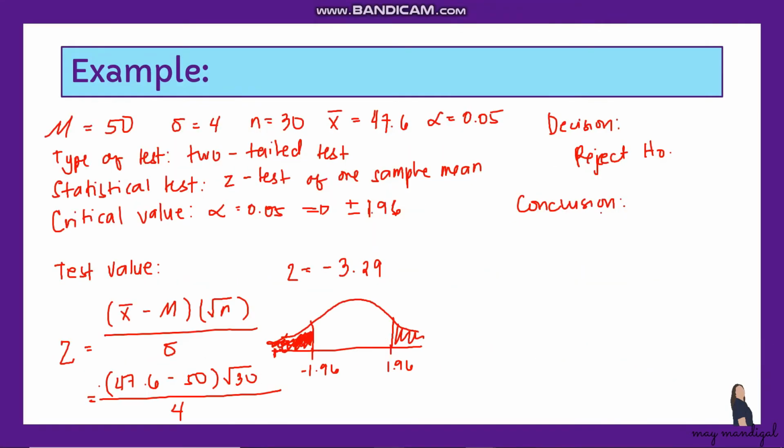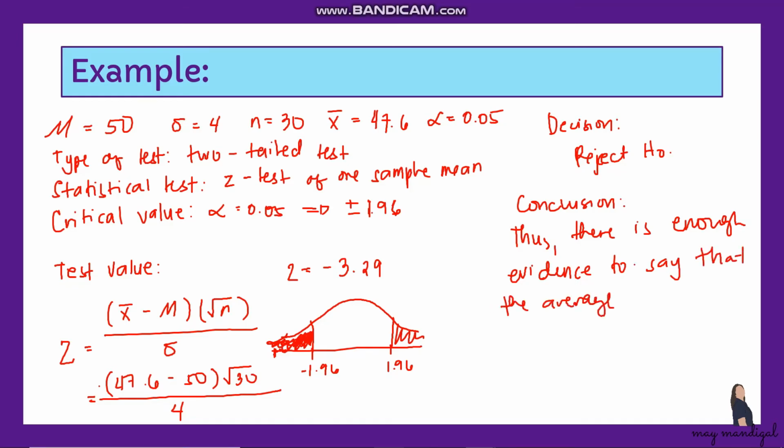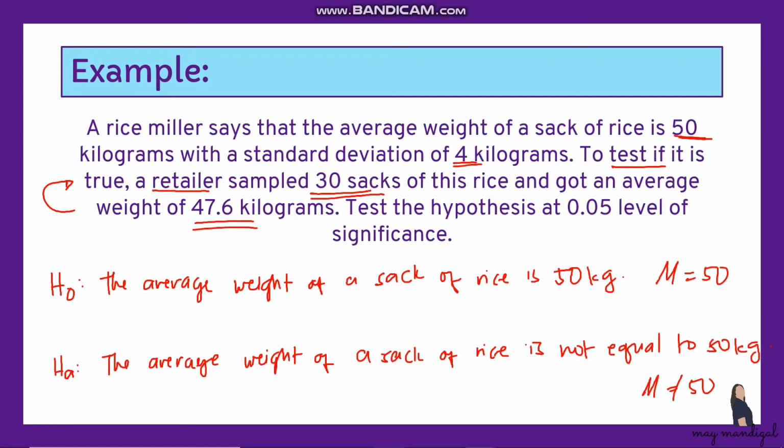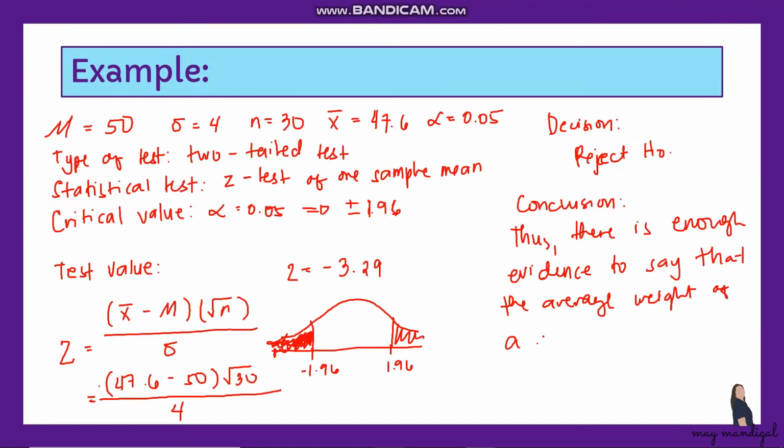This only means that there is enough evidence to say that the average weight of a sack of rice is not equal to 50 kilograms.